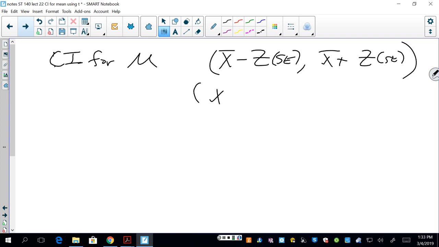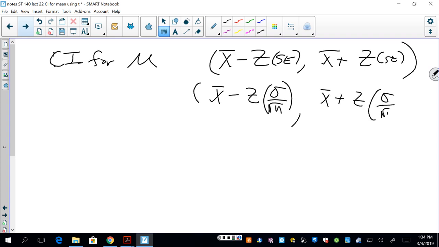And our formula for standard error was the standard deviation of x bar, sigma over the square root of n, so x bar plus or minus z times sigma over the square root of n. And that z value is a value from the normal distribution determined by the confidence level.